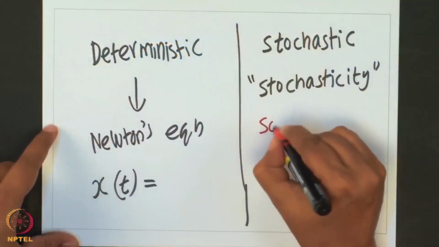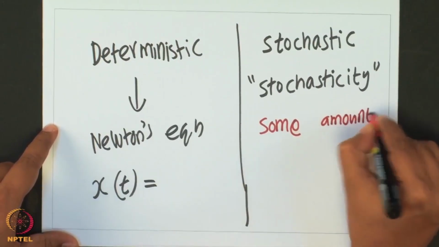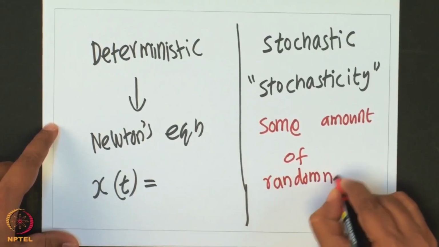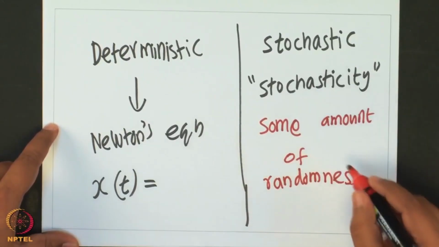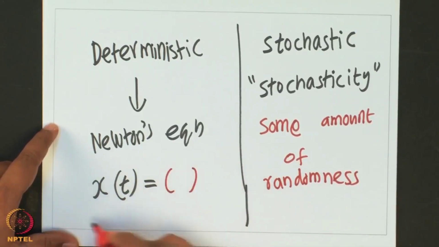So, those are very deterministic processes. However, things in biology are not really deterministic. They are stochastic. What does that mean? There is some amount of randomness in the process. A process with some amount of randomness is typically called a stochastic process, and the other is a deterministic process because it is determined, there is no randomness.